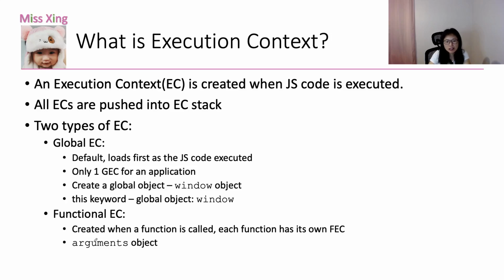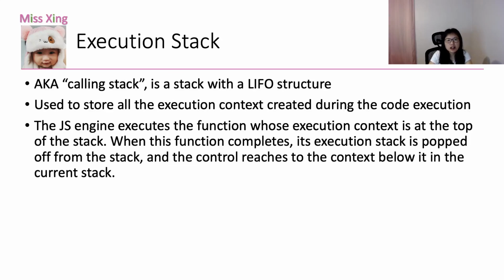Okay, now let's go to the execution stack. This is a stack, which is last in, first out. And in the stack, we'll have a bunch of execution contexts. The execution stack is also called the call stack.